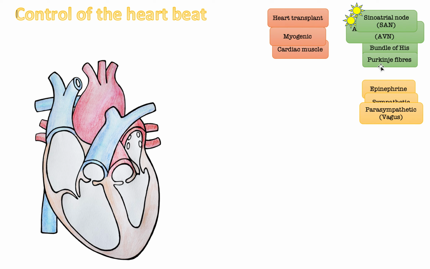These words in the orange boxes are structures that I will label in the heart later, which you can't see right now because I'll label them soon. And these right here are words that describe how the heart can be affected: what can make the heart beat faster, what can make it beat slower, and so on. So these words are the aim for today.